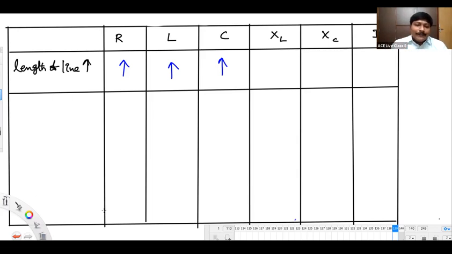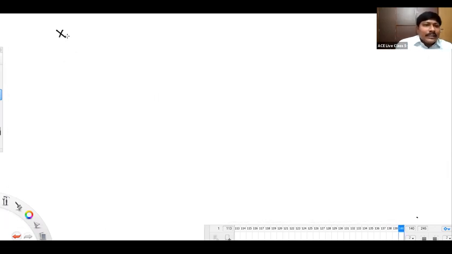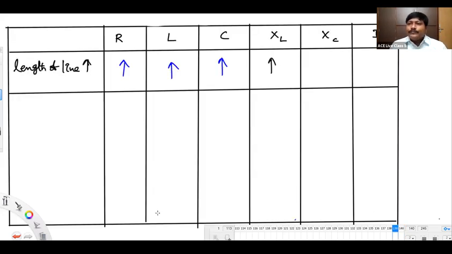What will happen to XL? See, this inductive reactance XL is proportional to inductance, and you know inductance is proportional to length. Length increasing, inductance increases, XL value increases.